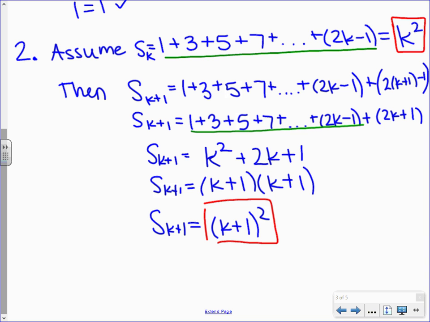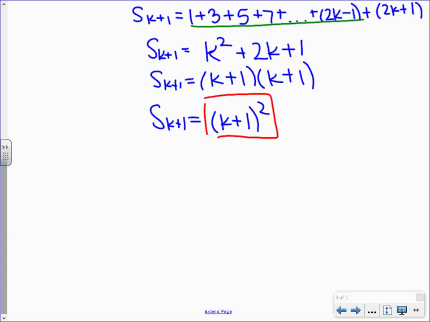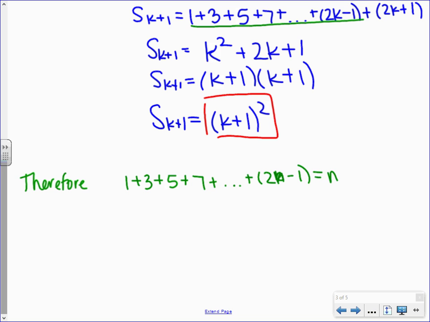So, now that we've gone through both steps of that mathematical induction, we can conclude that 1 plus 3 plus 5 plus 7 all the way to 2n minus 1 equals n squared is true for all positive integers.